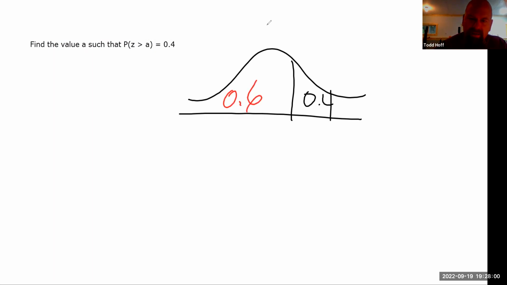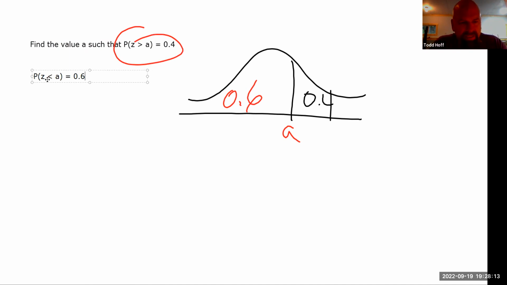So this A value that is going to fit this is also going to fit the probability that Z is less than A equals 0.6. So that's the one we're going to solve, since that's in the less than form. We'll go to our calculator.